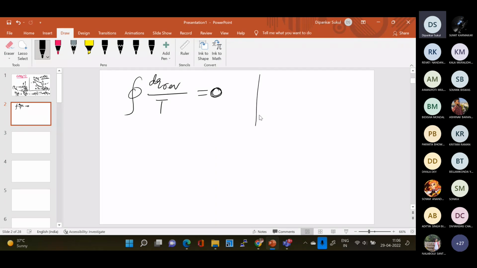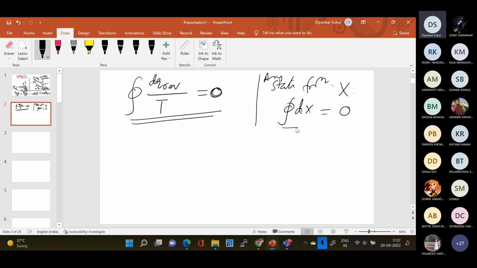Now we know for any state function X, what is the property of it? That means for a cyclic process, the total change of that state function is equal to 0. If you compare this expression with this expression, then what can you infer?